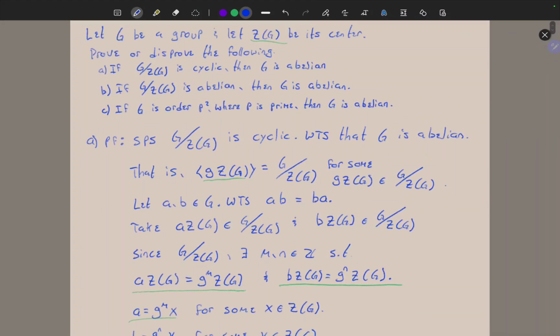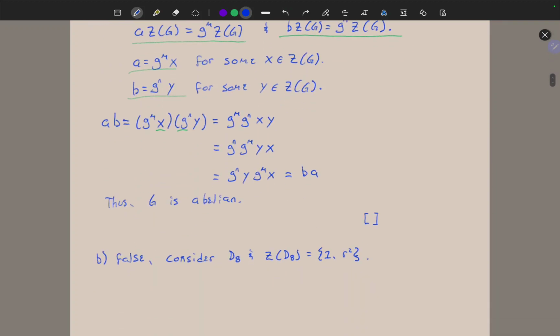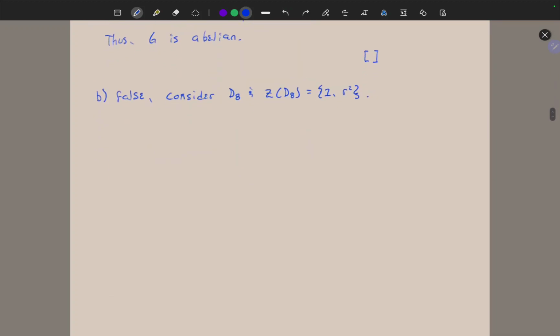So in order to disprove the statement, first we need to satisfy the assumption here. So we need to find a quotient group G mod its center such that that quotient group is abelian. So we need to satisfy the abelian part. So let's look at D8 modded out by its center.